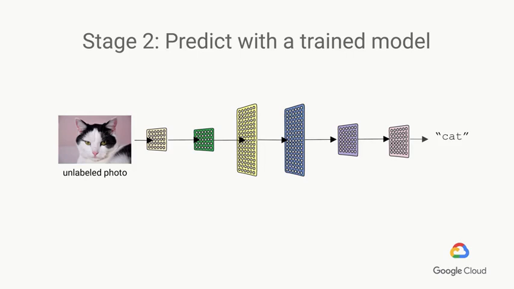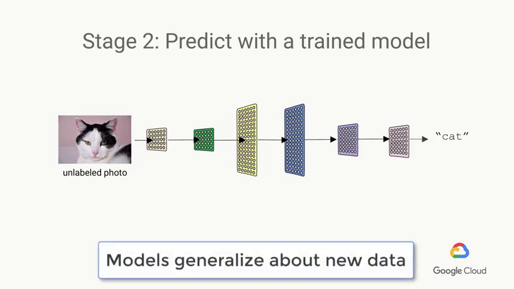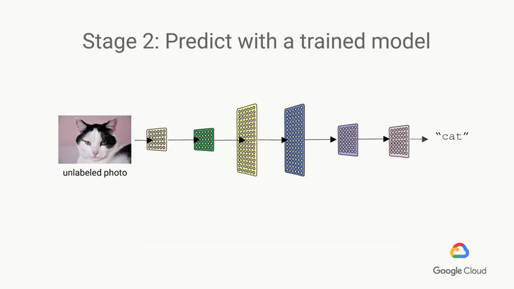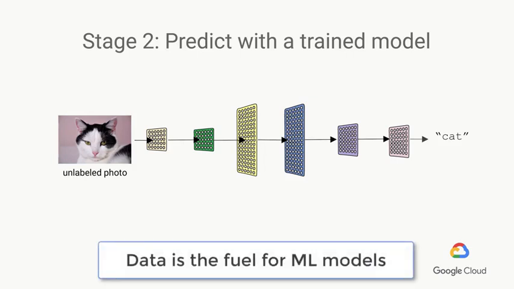It still works because the machine learning model has generalized from the specific examples of cat images that we showed it to a more general idea of what a cat is and what it looks like. The key to making a machine learning model generalize is data, and lots of it. Having labeled data is a precondition for successful machine learning.